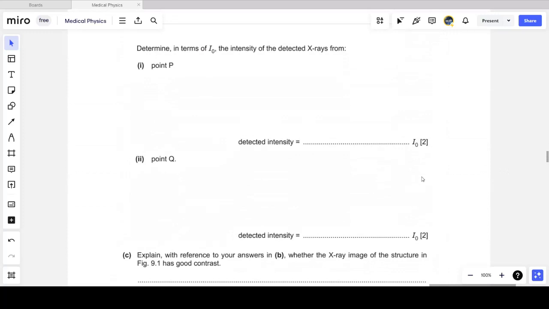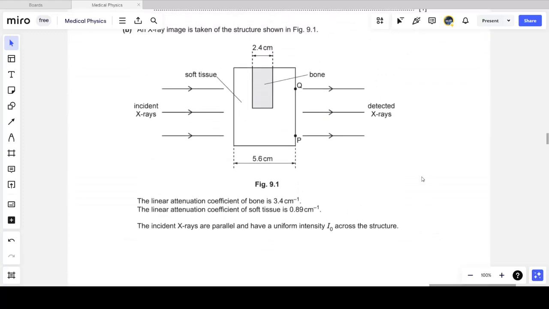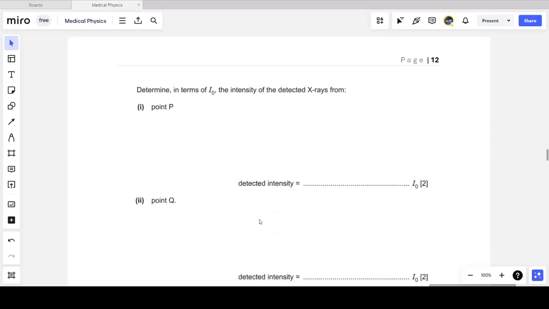We are told now to determine in terms of I naught the intensity of the detected X-rays from the point P. So where's the point P? The X-rays go into the soft tissue and then out on the other side. And we're given the linear attenuation coefficient of soft tissue to be 0.89 per centimeter. So it's not passing through bone in this part of the image.